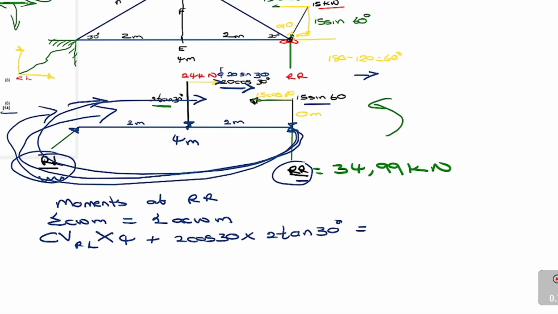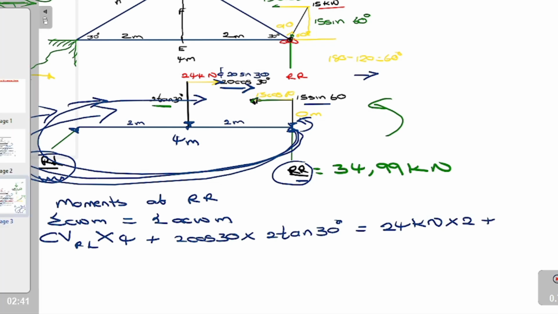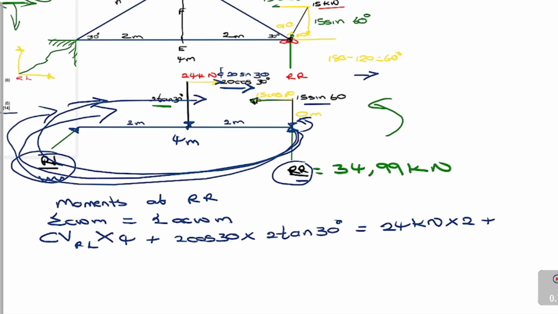What I'm going to do now is to do the anti-clockwise. So when I'm over here and I look the other way around, I see that I have 15 cos 60, but that one is going to be multiplied by 0, so it does not count. But now I have the 24 kilonewtons, but I'll multiply that by 2 and add it. Just give me a moment.